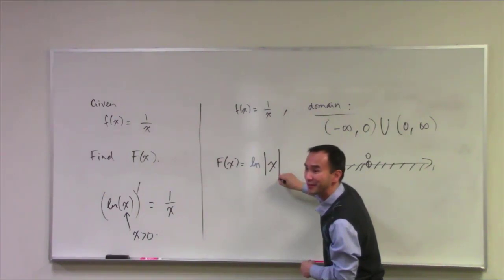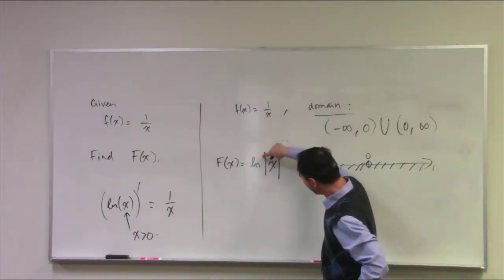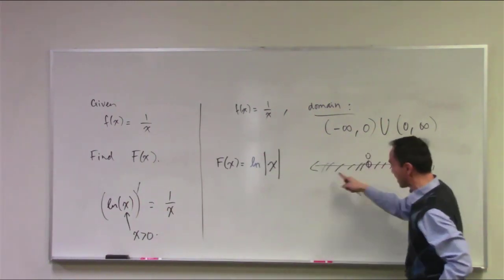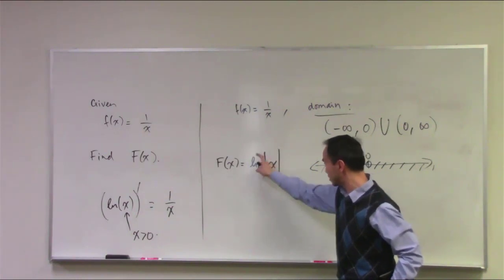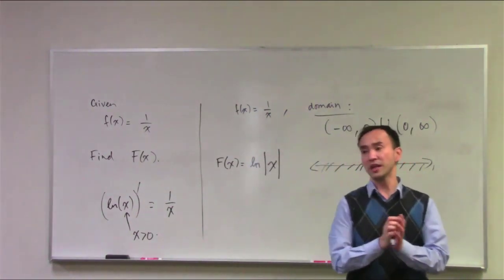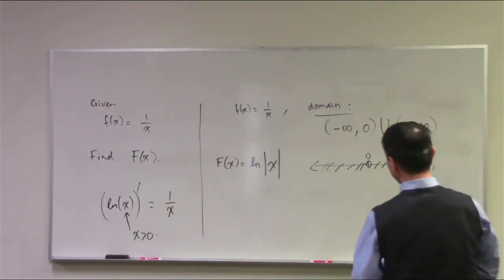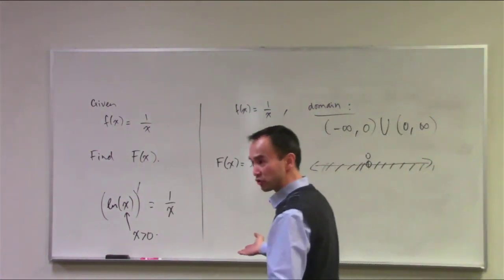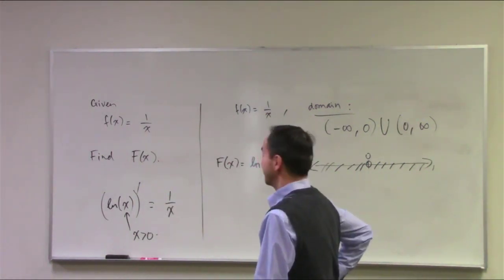Do you follow that? Why is that? Because we want to ensure that no matter what x value we take, the logarithm is only of a positive x. The absolute value of x purposely forces all x values to become positive before taking the logarithm. So there's a major switch right there.